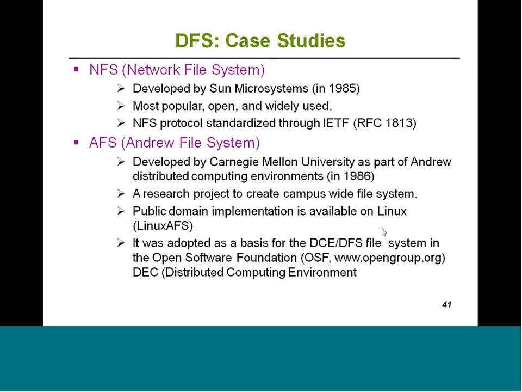The second system that we will study is the AFS, or the Andrew File System. This was developed by Carnegie Mellon University as a part of the Andrew Distributed Computing Environment in 1986. So you can see that they are fairly close. This research project was to create a campus-wide file system, and a public domain implementation is available on Unix, called Linux AFS.